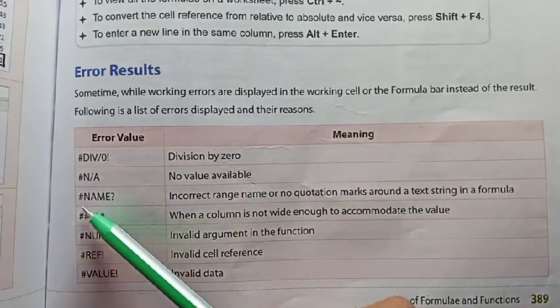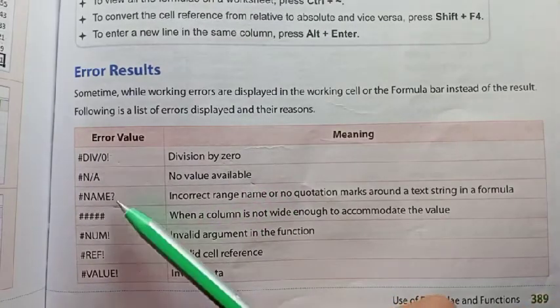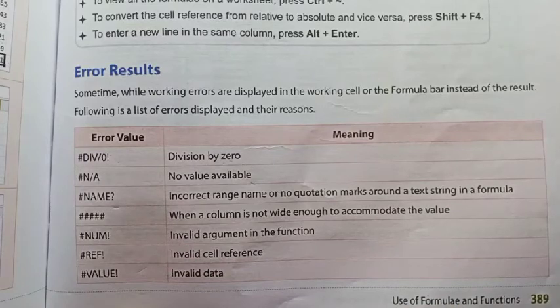In case we get #NAME?, this means that the range that you are giving for the calculation, the number of cells that you are taking for the calculation, is incorrect, or that you are making use of a text formula like concatenation, but you have not put the values in quotation marks.